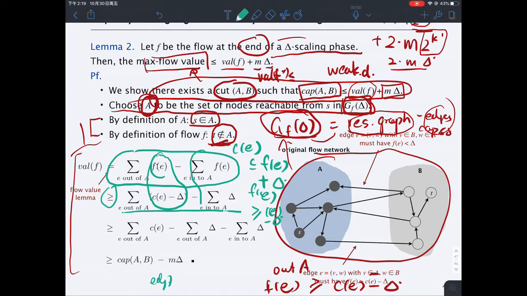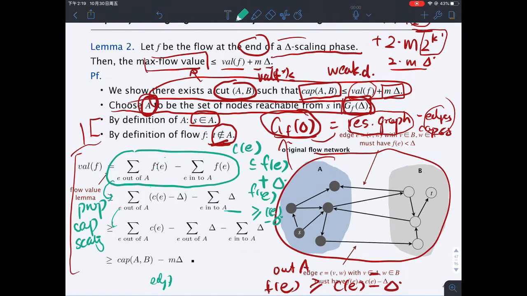We can use a similar argument to prove the second term also has this kind of component-wise relationship and establish the first inequality. This is how we get the first inequality. So this is really just, at a very high level, the properties of the capacity scaling algorithm.